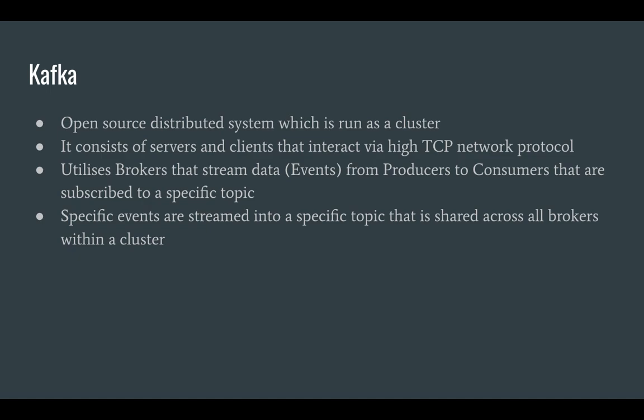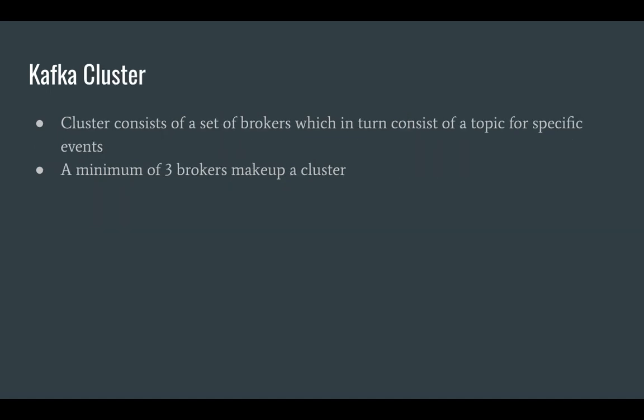So a cluster is basically a set of a minimum of 3 brokers, and then the topics will be streamlined across those, shared across all those brokers, so that if one broker fails, then it can fail safe on the next broker that is available. So essentially that's what that is, and let's go further and see in detail.